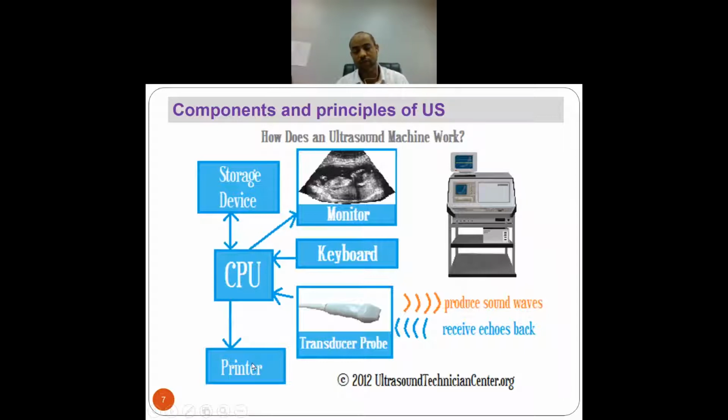And you have the printer, all representing the accessories, all right? And the probe, which is the most important component of the ultrasound machine, as I said, is responsible for the production of the sound waves and also for receiving the reflected sound waves back from the object which is being scanned.